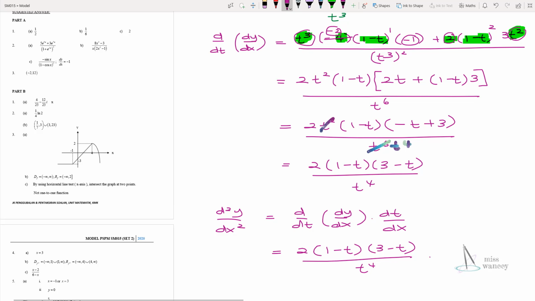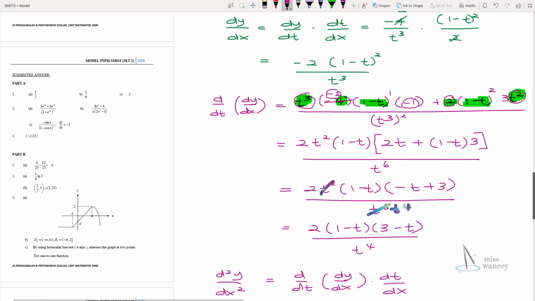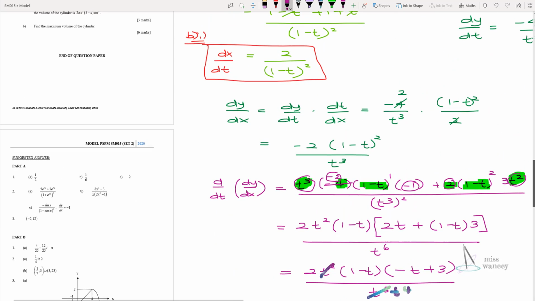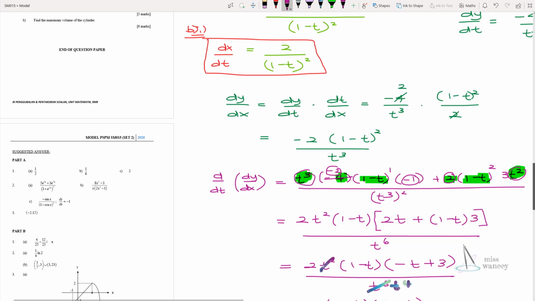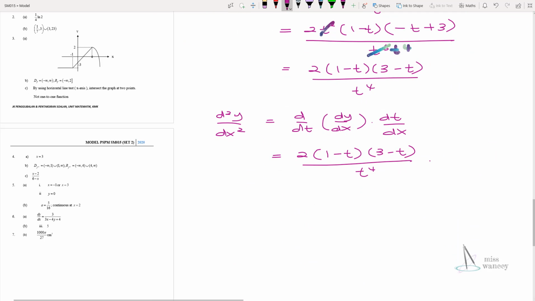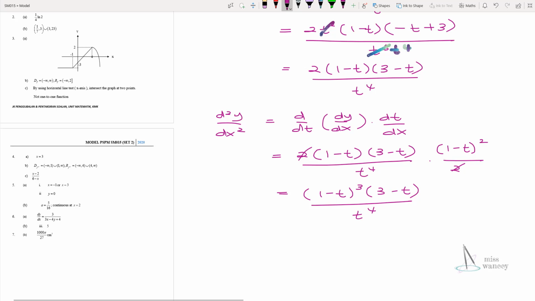So now I need to multiply with dt over dx, which is 2 over 1 minus t square. Okay, so 2 cancel out, so I will be left with 1 minus t cube, 3 minus t over t to the power of 4.